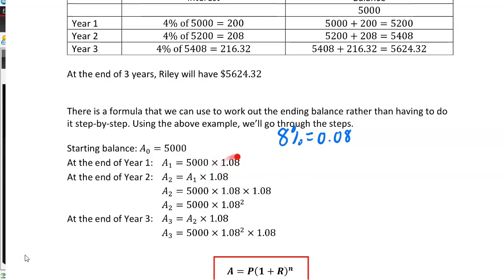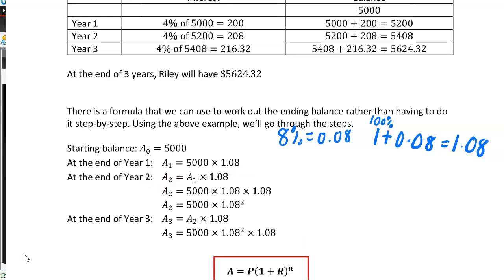Okay, but that's how we represent that growth of 8%: 1 plus 0.08 equals 1.08, because that 1 is basically 100%. We want it to grow by 8%. Okay, so that's what year 1 is at the end of year 1.